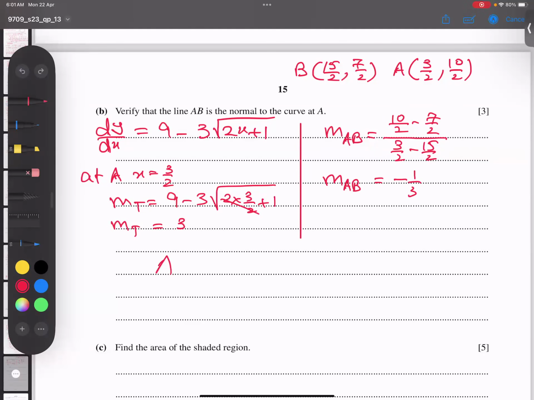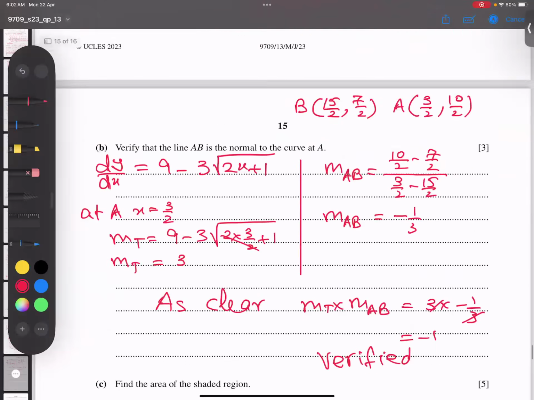As clear, gradient of the tangent, T for tangent, times the gradient of AB: 3 times -1/3, they cancel out, and I get -1. So verified. I hope, students, you got the point very clearly. And let's go for the next part.